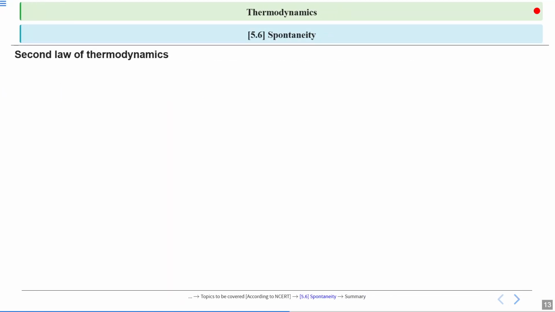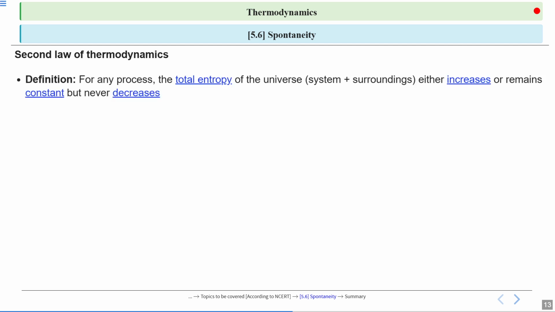Now if you are clear about this entropy, we will try to define the second law of thermodynamics. What does it say? It says that if you want to keep a process spontaneous, then the entropy of the total universe should increase, right? Total universe means system plus surrounding.